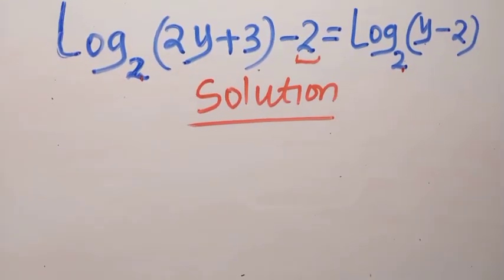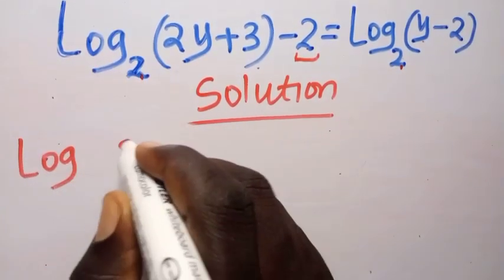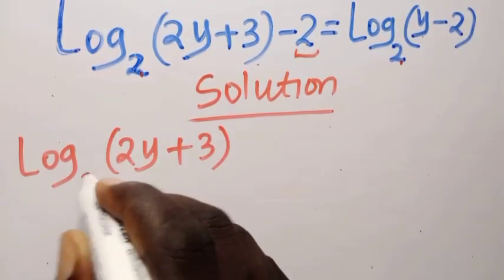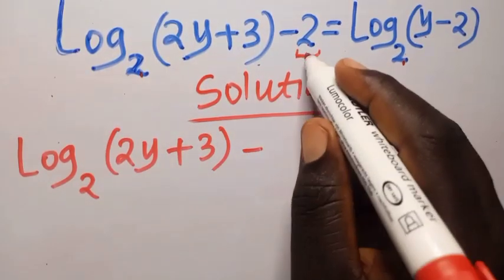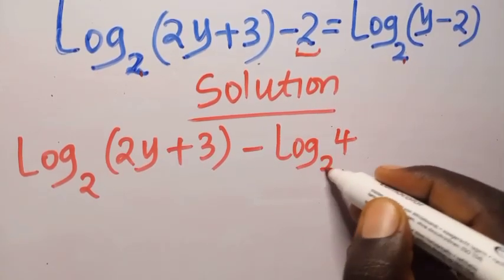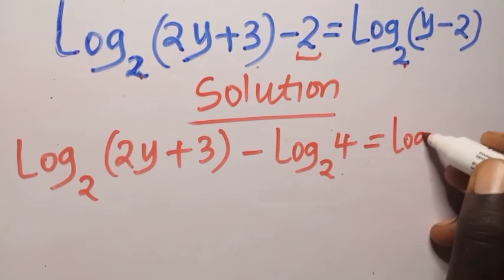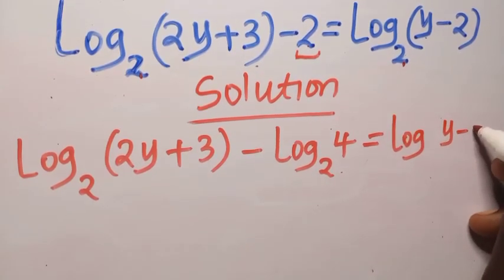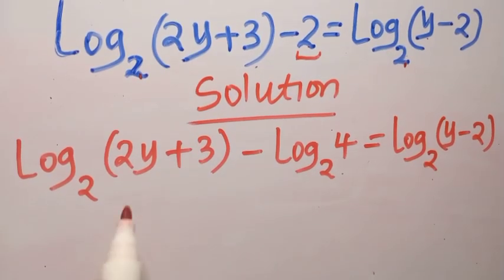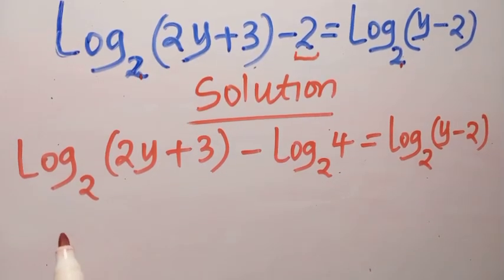Therefore, we shall have the logarithm of (2y + 3) to base 2 minus, instead of this, we replace it with the logarithm of 4 to base 2, equals the logarithm of (y - 2) to base 2. Now, at this point, we want to combine this to be a logarithm of a single number.